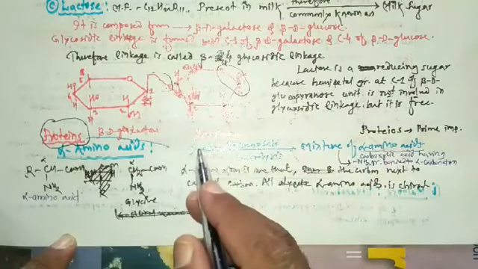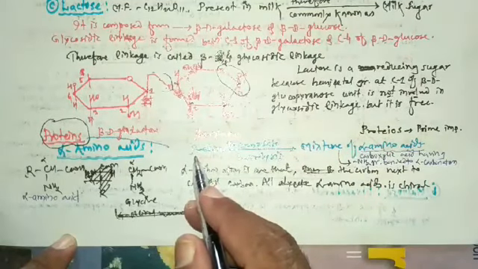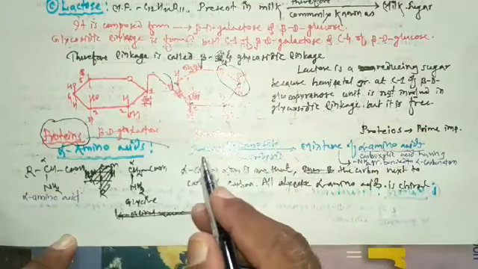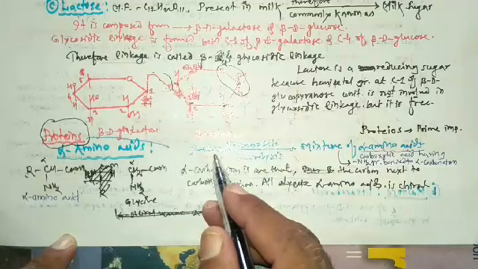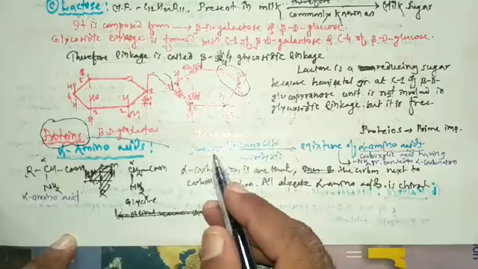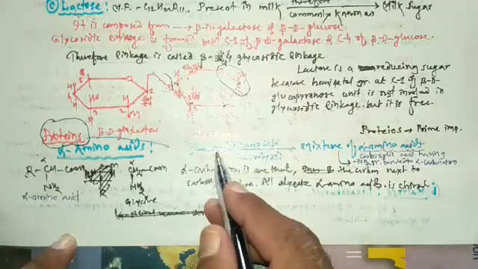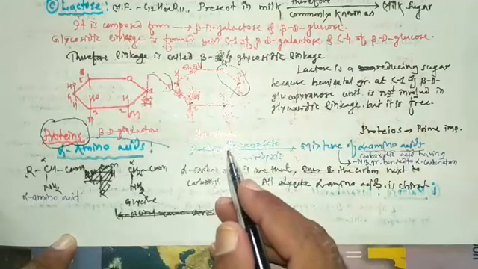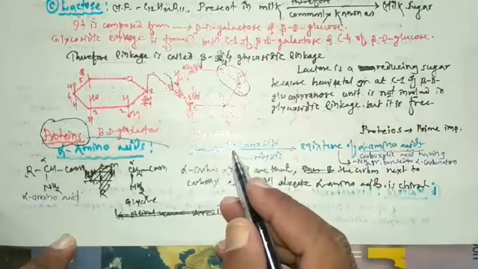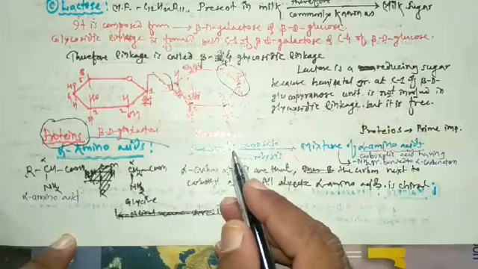They are having high molecular weight, and the monomer unit of protein is alpha amino acid. In another word, we can say that chemically proteins are polymers of alpha amino acids.